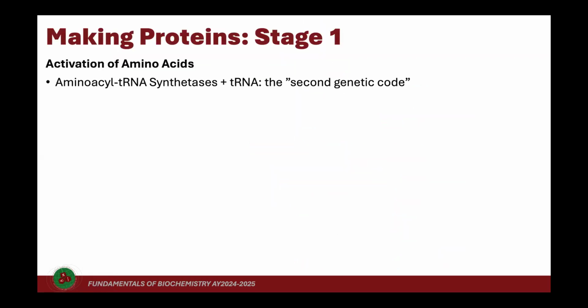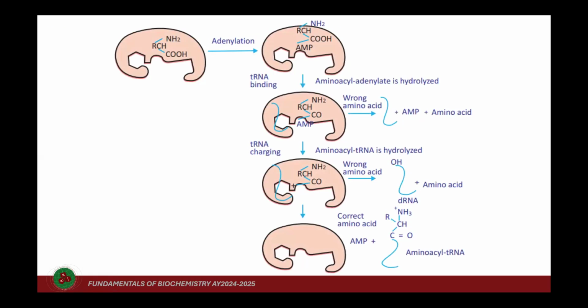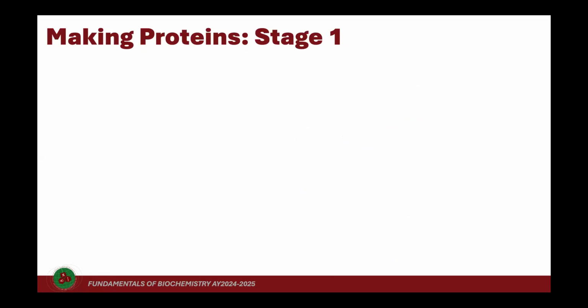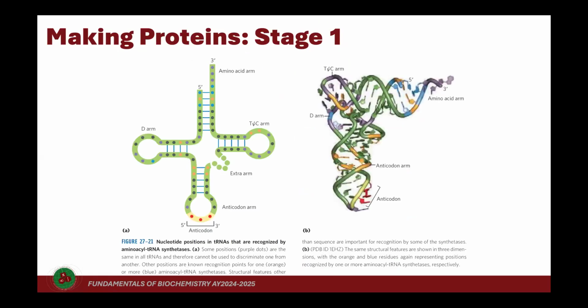Now, this system of tRNA together with the aminoacyl tRNA synthetases sort of comprises a second genetic code. That is because the tRNA molecules are strictly recognized by the correct aminoacyl tRNA synthetase.